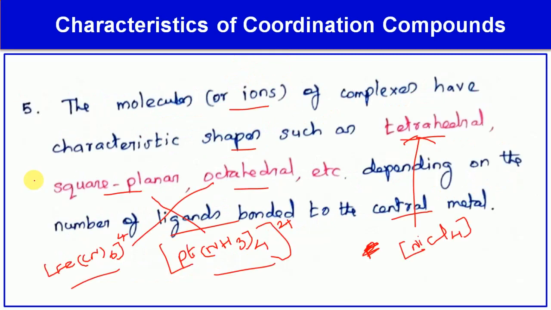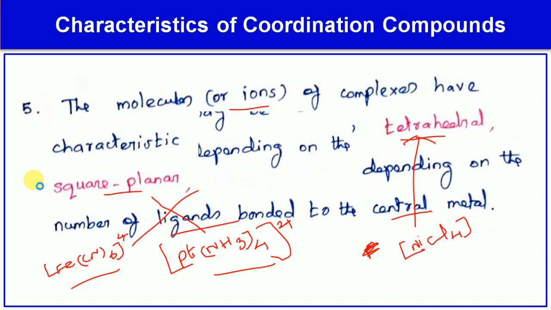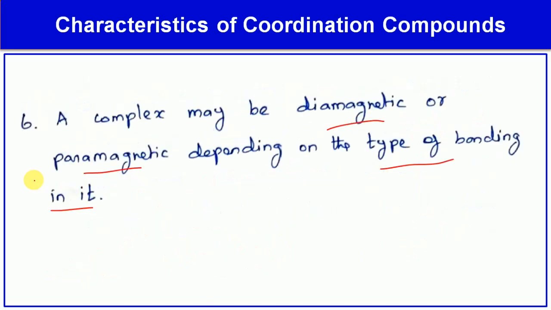Fifth point, the molecules of complexes have characteristic shapes. I already explained: tetrahedral, square planar, octahedral, depending on the number of ligands bonded to the central metal, or either high spin or low spin complexes. Sixth, a complex may be diamagnetic or paramagnetic depending on the type of bonding in it: if electrons are paired, it is diamagnetic; if electrons are unpaired, it is paramagnetic.